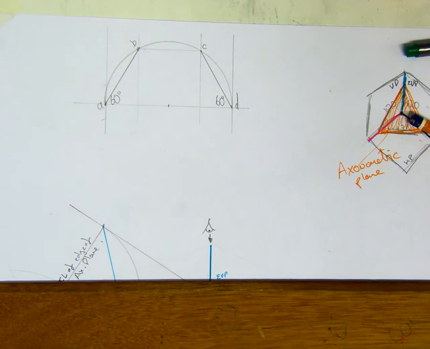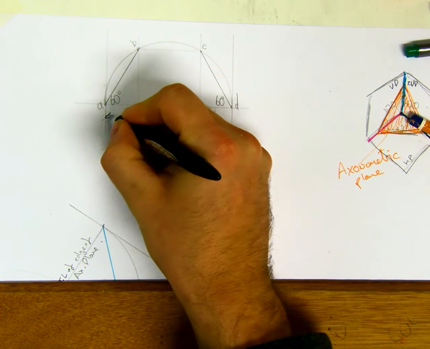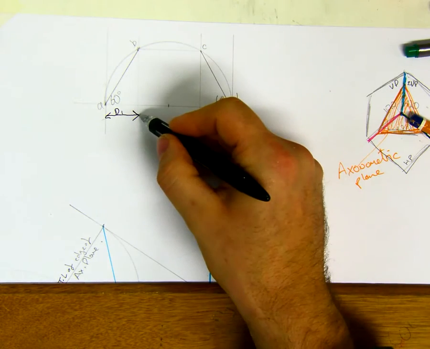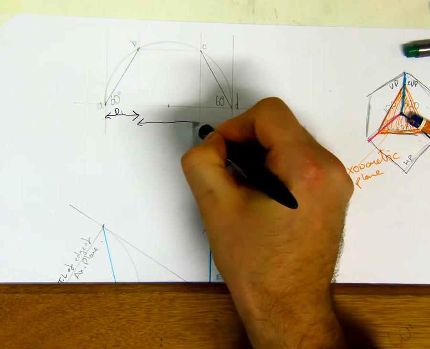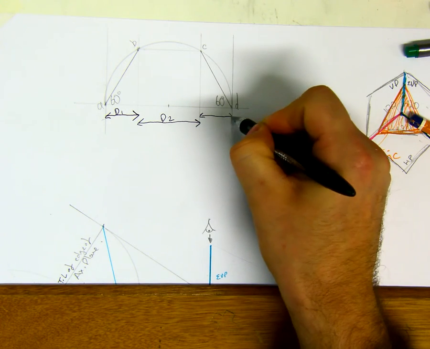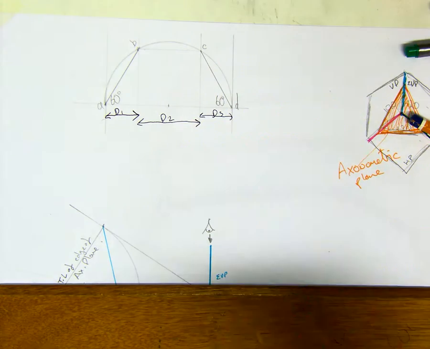I'm going to draw those distances in. That distance here we'll call D1, this distance in the middle we call D2, and the distance here D3.